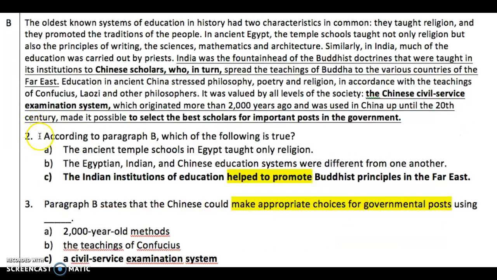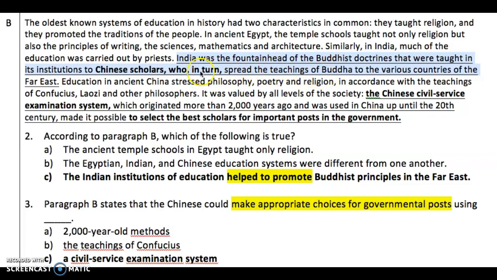Question number 2 asks the true sentence. The answer is C, as you see here, and it's a bit tricky. Be careful. You can find the answer here, and it says India was the fountainhead. And here, Chinese scholars in turn spread the teachings of Buddha.